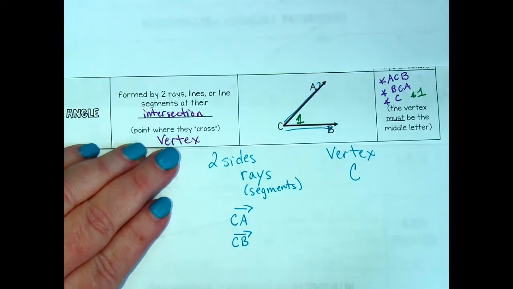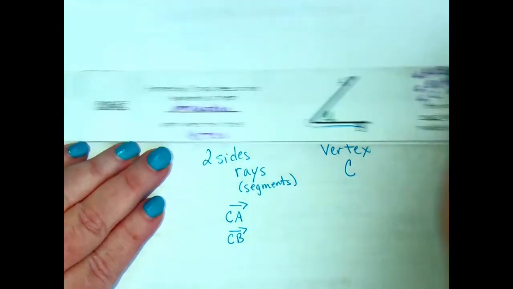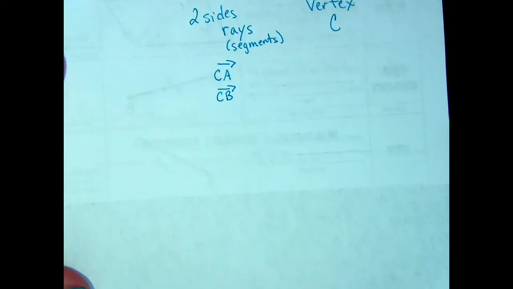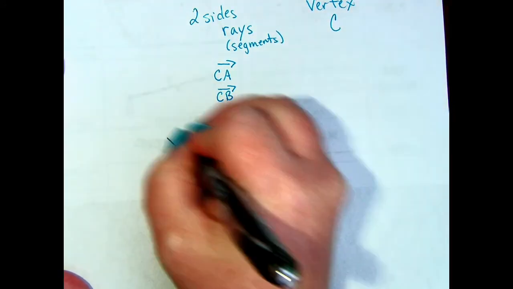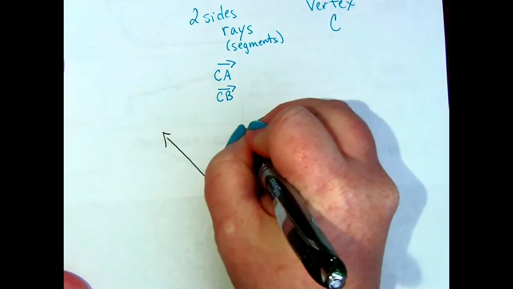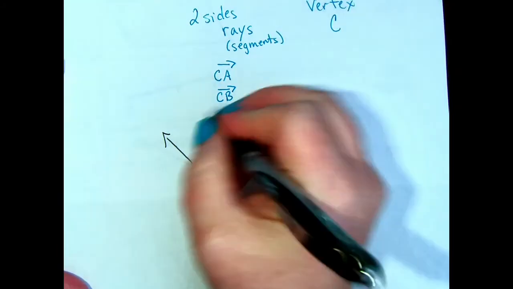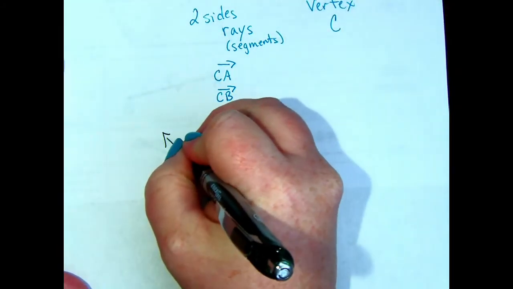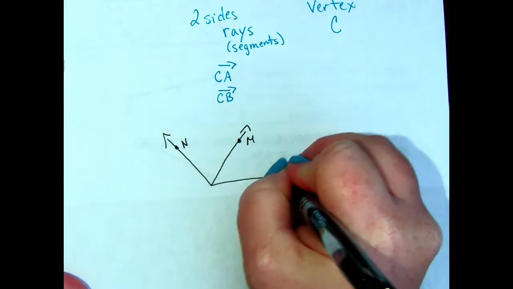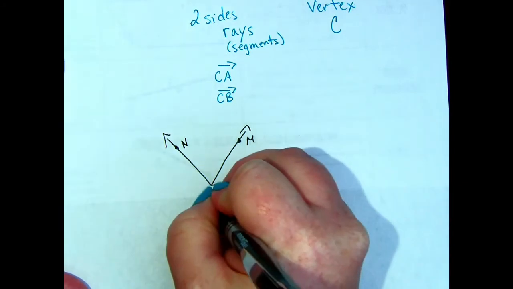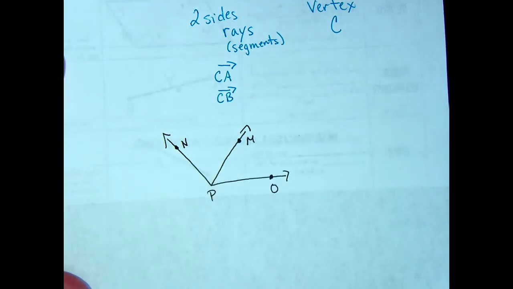Now sometimes angle pictures get a little bit more complex, and I can have more than one angle at a vertex. So if I have points N, M, O, and vertex P, if I look at this, I have three angles.